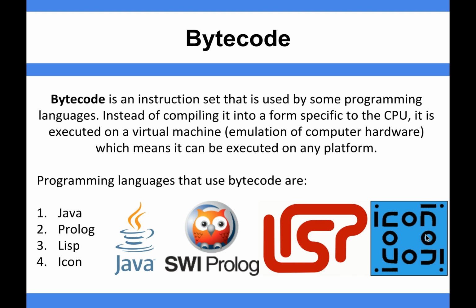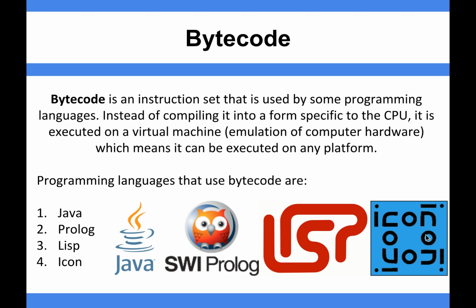Now, alternatively to this, you've got bytecode, which is another option that programming languages have. It has one instruction set that will work on every computer on any platform. But the way it does this is it won't run on the hardware as it stands. It will create a virtual machine, which is an emulation of computer hardware, if you remember.